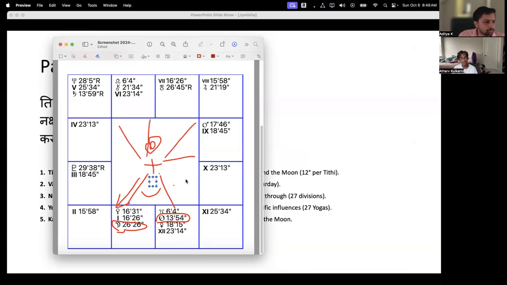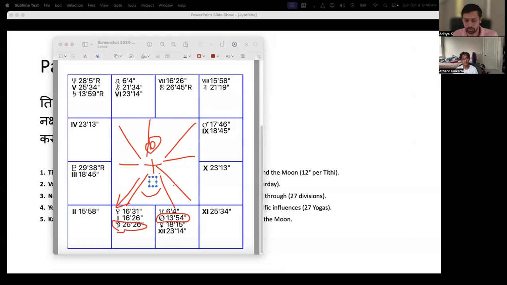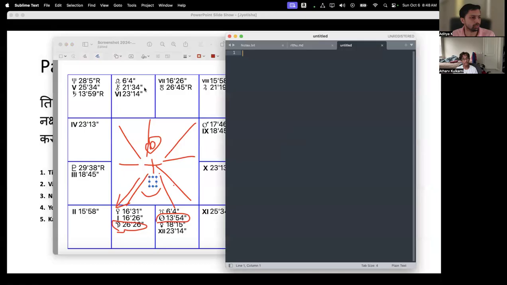Think of this as a big pizza, one pizza with 12 slices in it. So 360 by 12 becomes 30 degrees for each pizza slice. So we can say 1, 2, 3, 4, 5, 6. Till the sixth slice, it will be 180 degrees, 6 into 30. And then the sun is at 13 degrees, approximately.